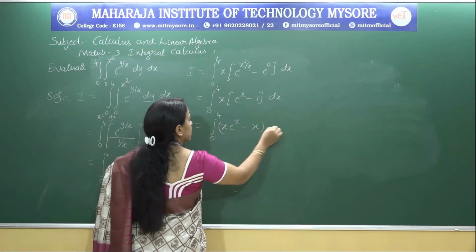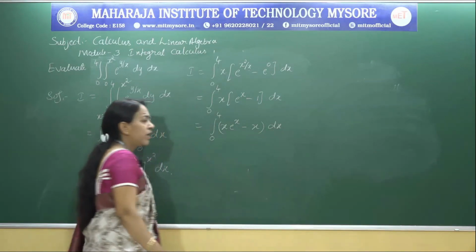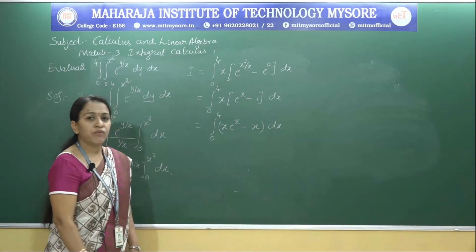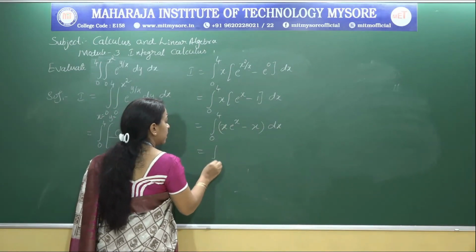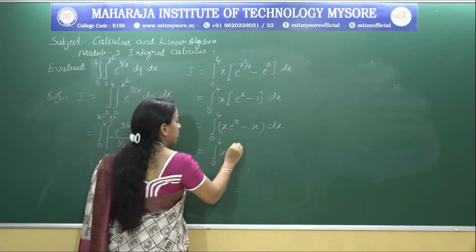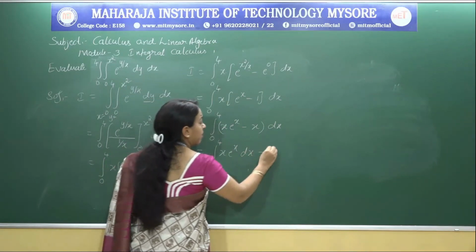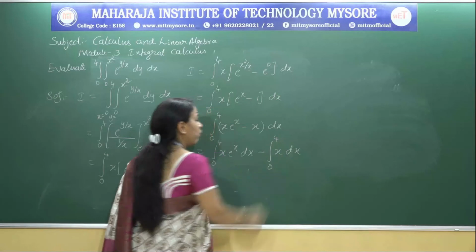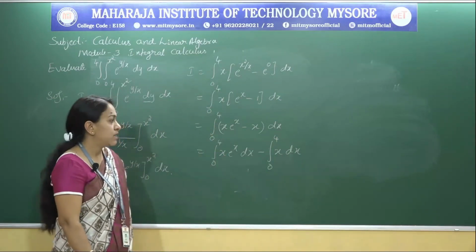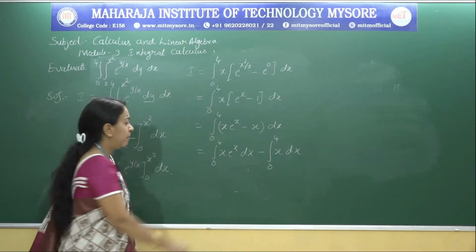Now it reduces to integral 0 to 4 x into e to the power of x minus x dx. Now I can split the difference of the two functions as two integrals, that is integral 0 to 4 x into e power x dx minus integral of x dx between the limits 0 to 4, or we can integrate keeping it as it is, or we can split the integral.